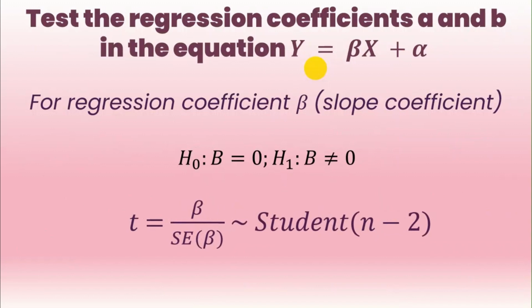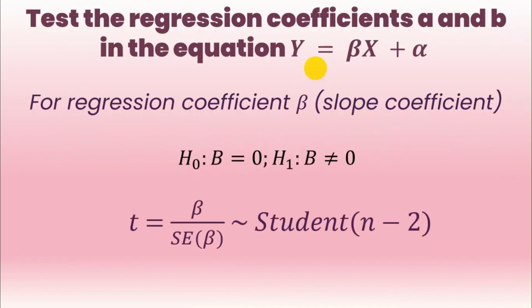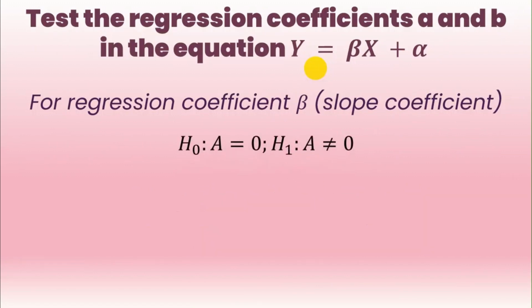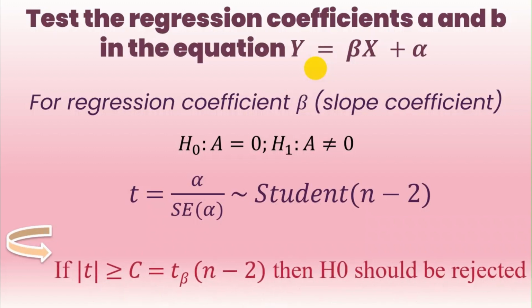T equal beta on SE beta, Student with n minus 2. For the regression coefficient alpha: H0 is alpha equals 0, H1 is alpha different from 0, and T equal alpha on SE alpha, Student with n minus 2. Solution: and then H0 should be rejected.